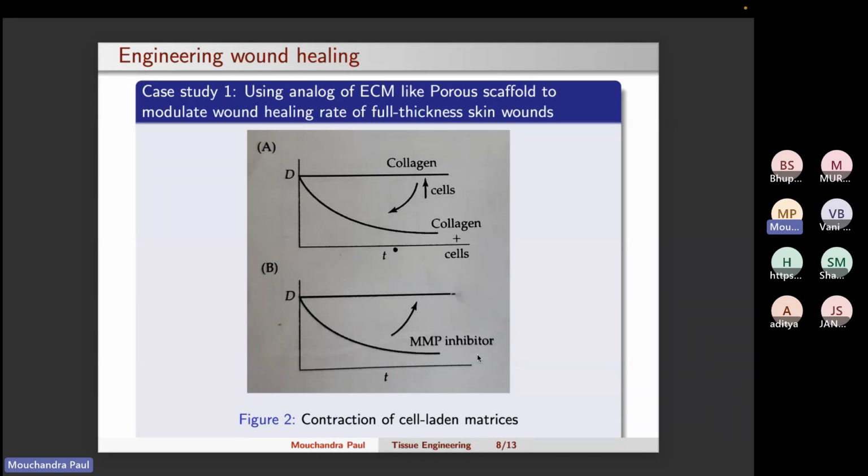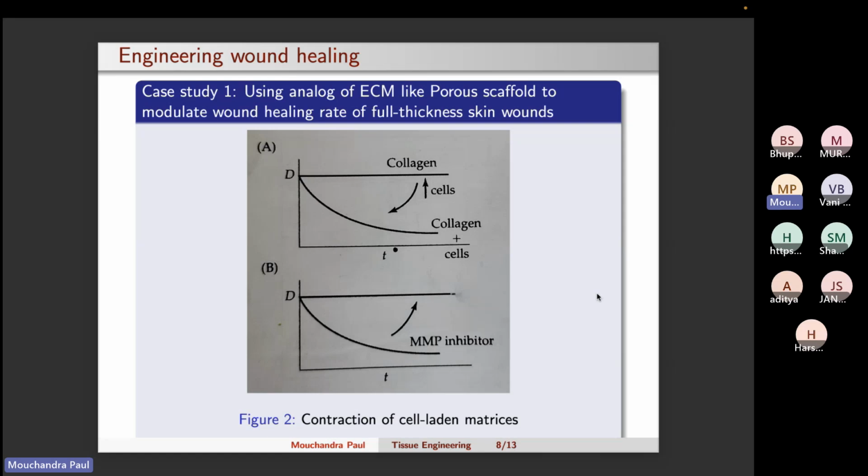Whereas in another case where they increase the collagen concentration, or the ECM concentration, keeping the cell concentration constant, due to the increase in ECM concentration, the diameter of the scaffold increased, because the cells now are not getting enough space for causing contraction.